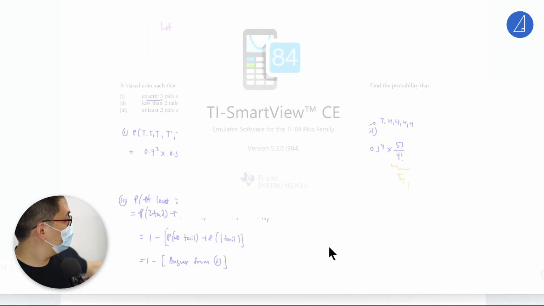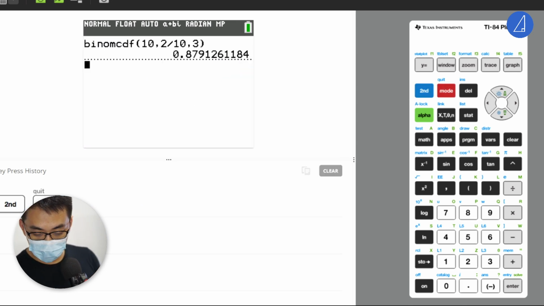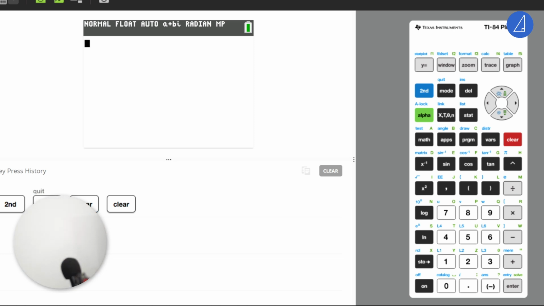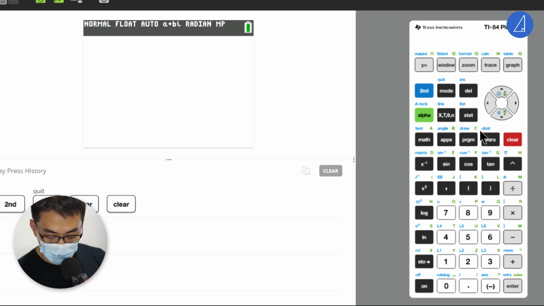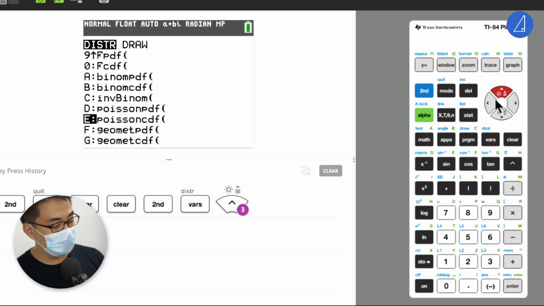Distribution, this one here. Go to the main page. Okay, this is distribution here. So press second and distribution. Then you scroll up or scroll down. Scroll up is faster because it's at the bottom of the list.